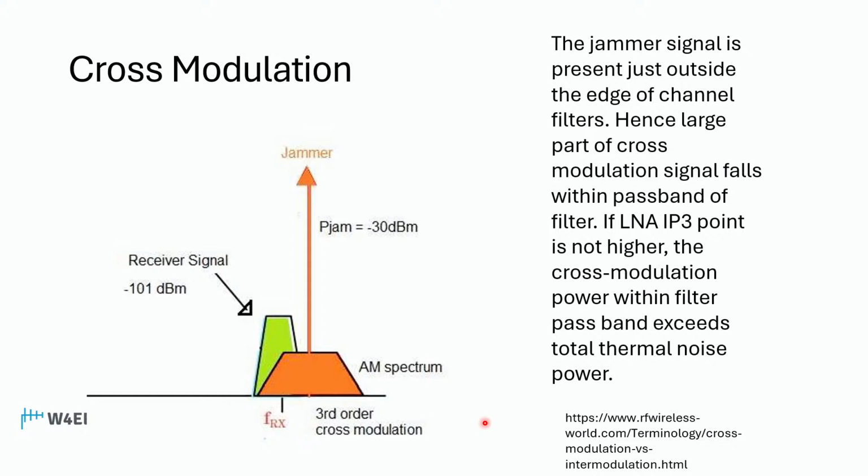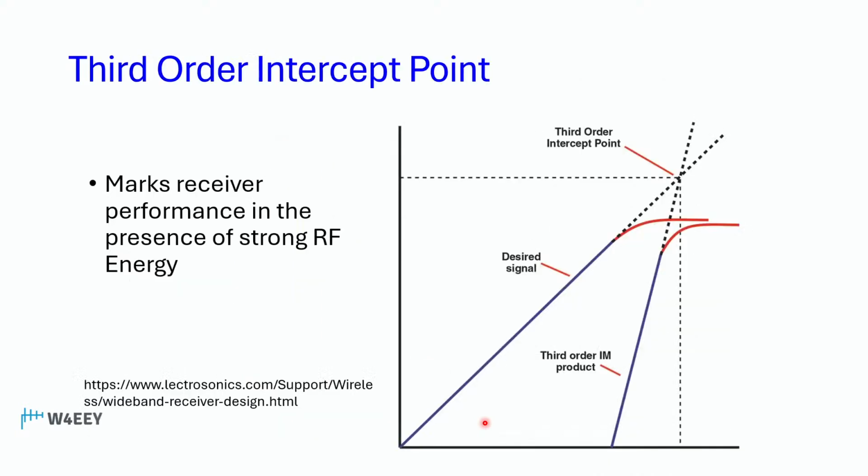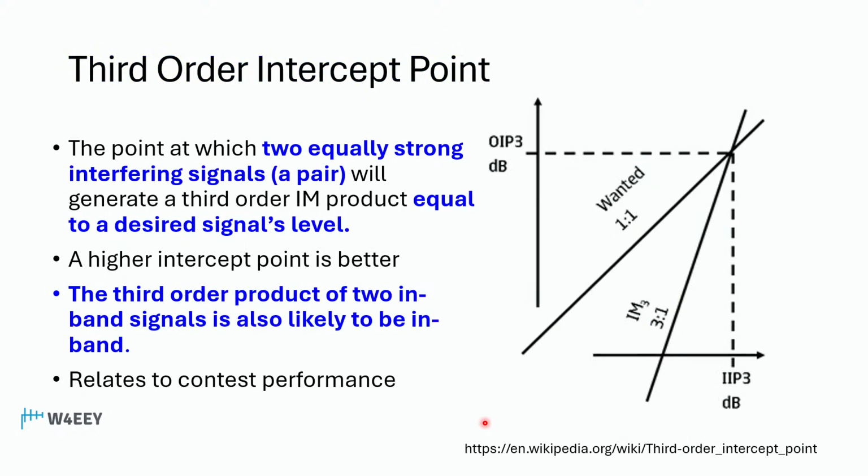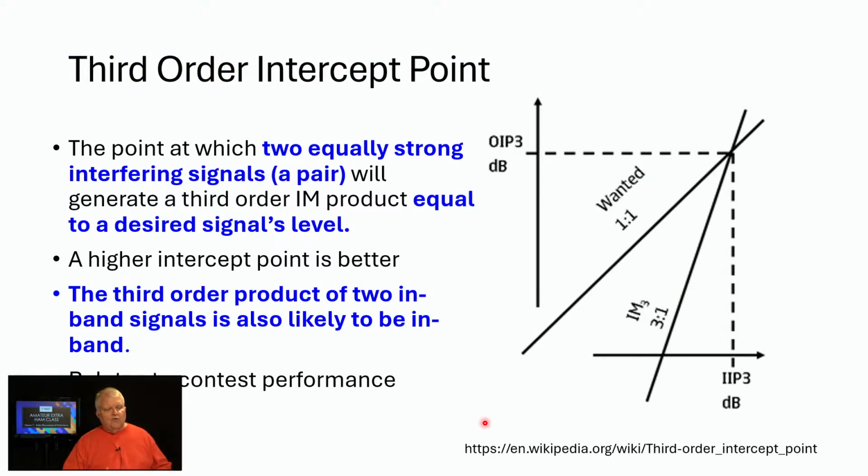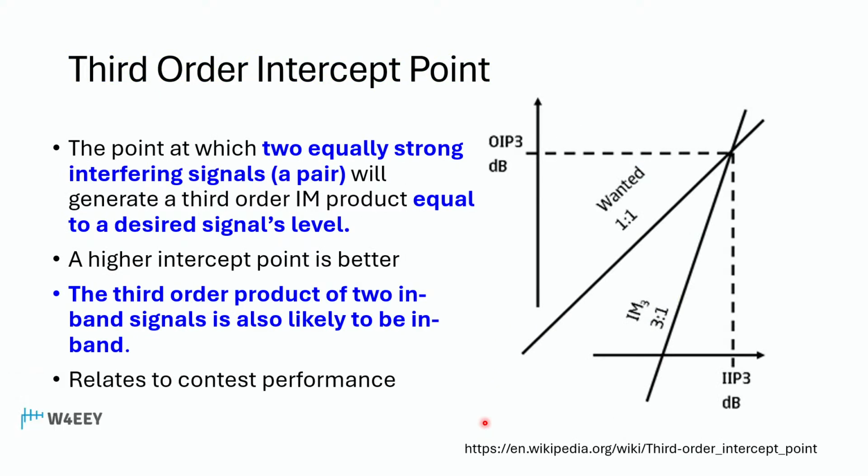Another measurement of receiver performance is third order intercept point. This marks the receiver's performance in the presence of strong RF signals. It's defined as the point at which two equally strong interfering signals, a pair of signals, generate a third order intermodulation product equal to a desired signal's level.